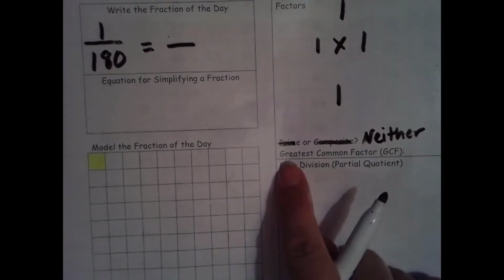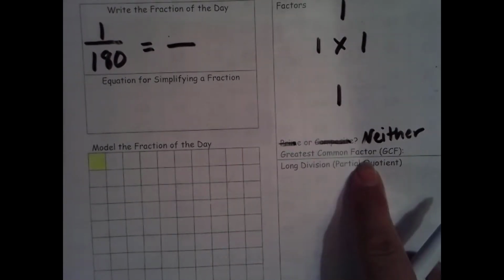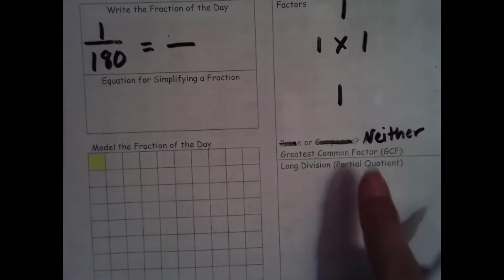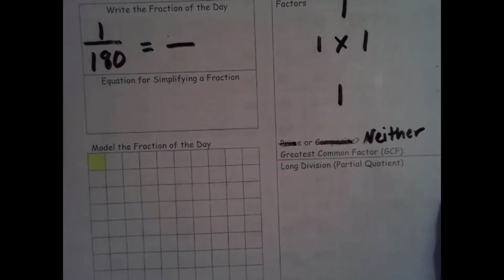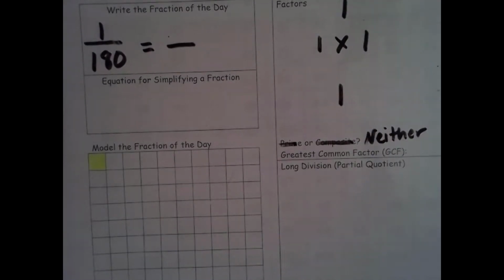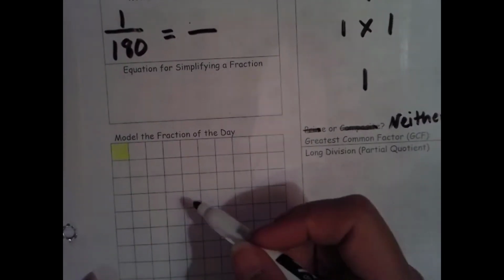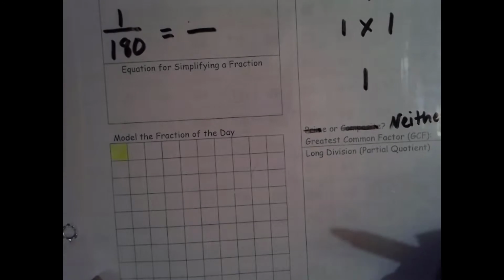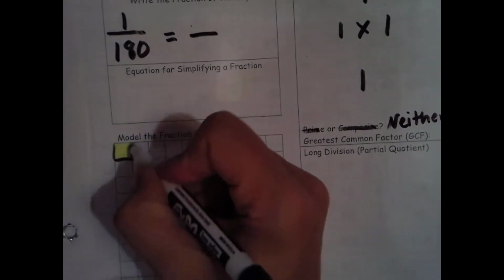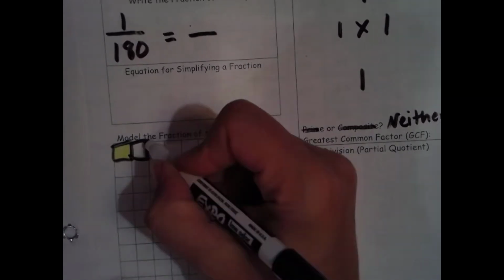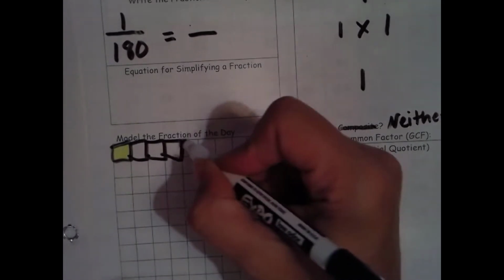Okay, now what we're going to do is find our greatest common factor, the largest factor for both the numerator and denominator. We always start with the first one, which is 1. It's the only one we have. And what we do then is we go and we make groups of 1. So go through, make groups of 1.